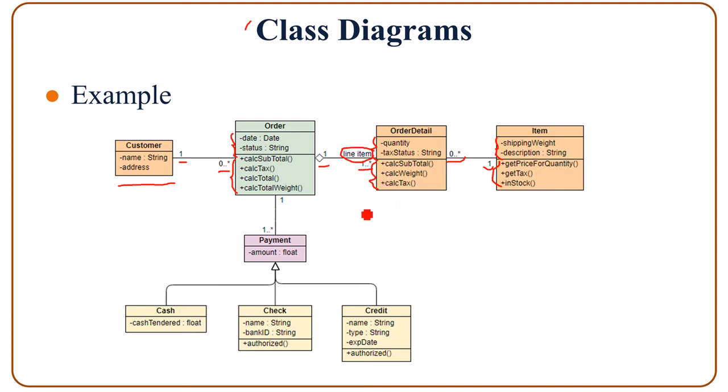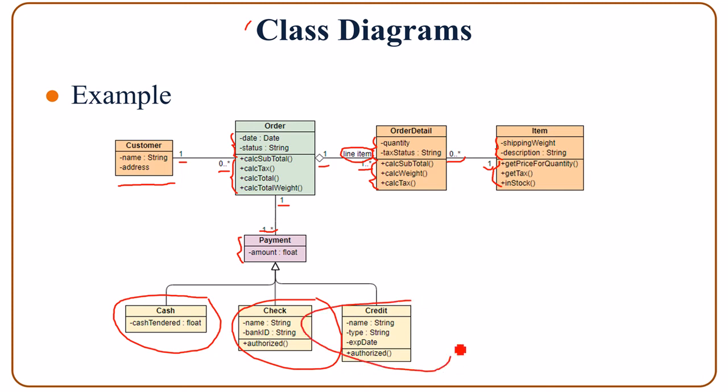Each order is associated with one or more payments, and there is only one private member attribute in the payment class. There are three classes, cash, check, and credit. They all inherit from payment.